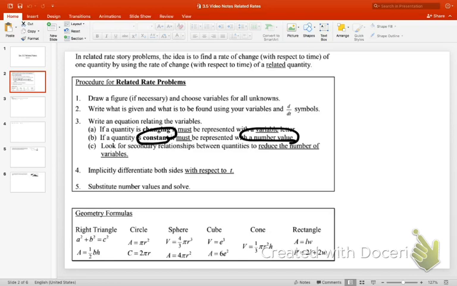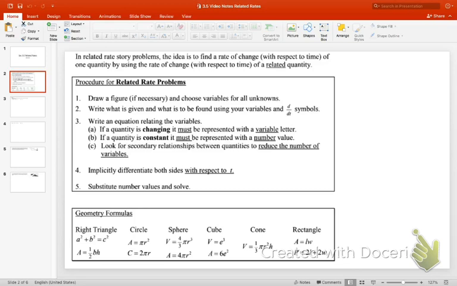And you'll typically have two equations. One's going to be a primary equation. That's the thing that's having the rate of change happen to it. And one will usually be kind of like a helper equation. So you'll have a primary equation and a helper equation. Once you take your derivatives, you're going to substitute values in and solve for your unknown.